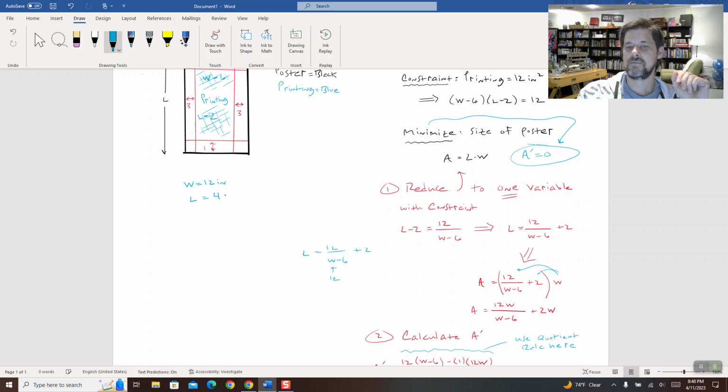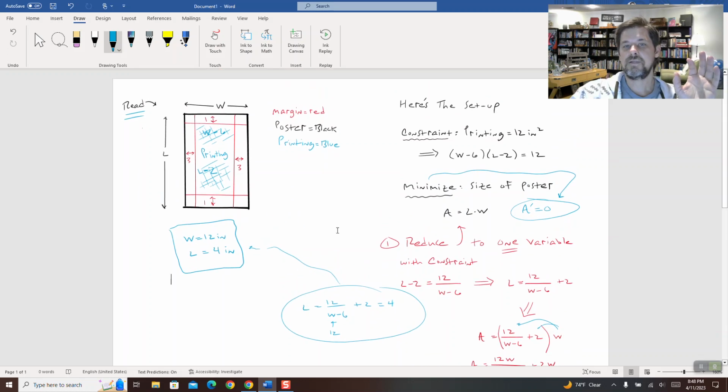So we'll get 4 out of that. So putting it in like this gives me 4. So here's my answer. The dimensions of the poster should be 12 by 4. That will minimize the amount of paper used and still give you, if you needed 12 square inches of printing on it, it's still going to work out.